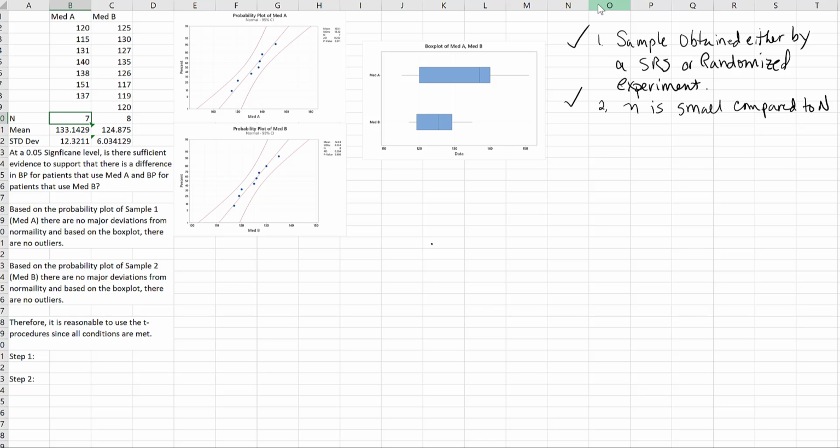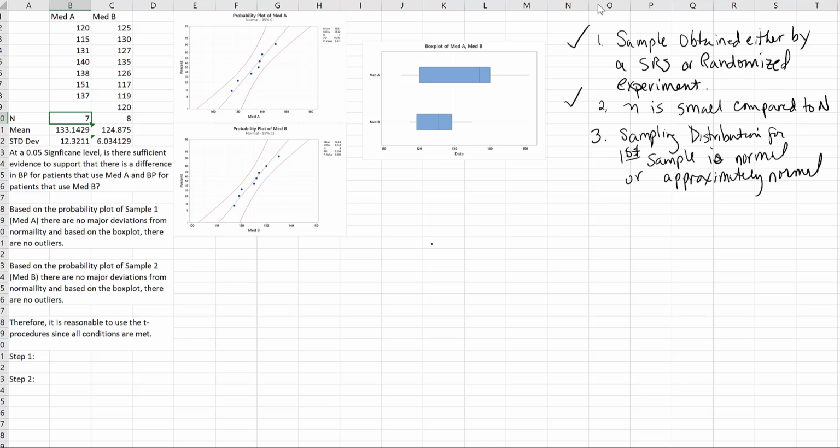Now the third assumption that has to be met is normality of the sampling distributions for both the first sample and the second sample. This is the one you have to check. So you check if the sampling distribution for the first sample is normal or approximately normal, just like you would for one sample.